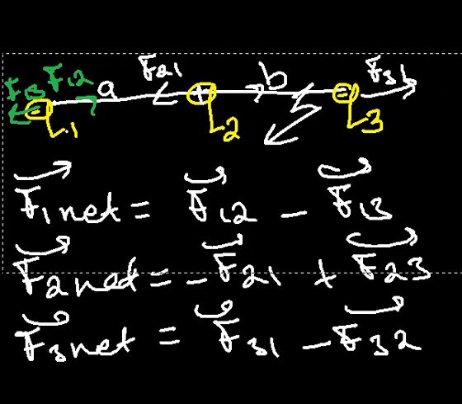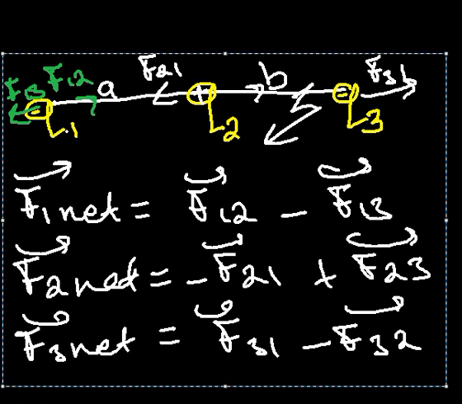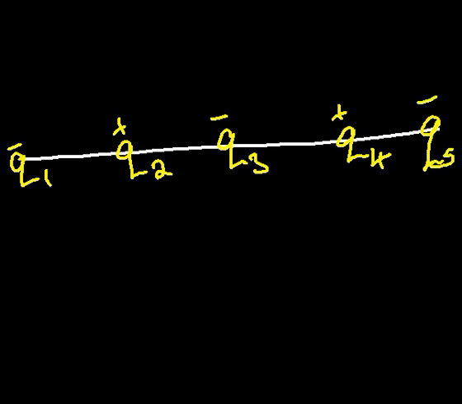Let's say we have another system of charges in one dimension as well. Let's say this is charge 1, a negative charge, and this is charge 2, a positive charge, and this is charge 3, a negative charge, and charge 4 is a positive charge, and this is charge 5, a negative charge.